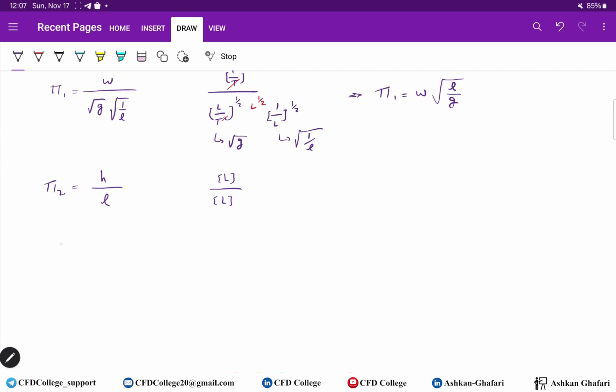So pi 1, omega times square root of L over g, remember this is the final answer, you have to write it down, is a function of pi 2, h over L. This is the final answer that you have to write down in your papers in the exam. Don't forget that.